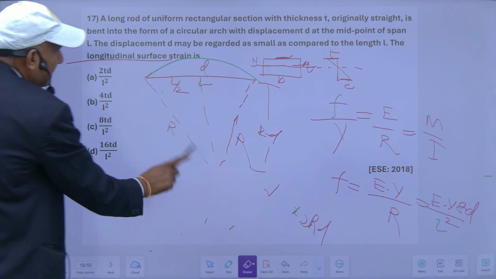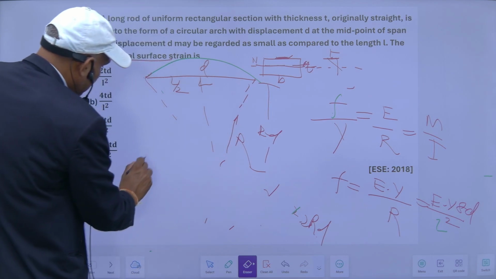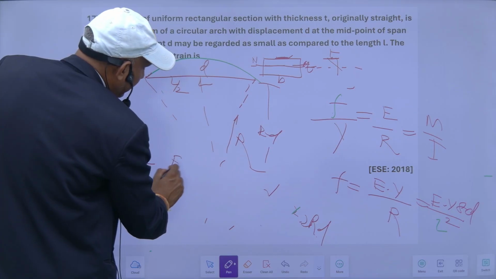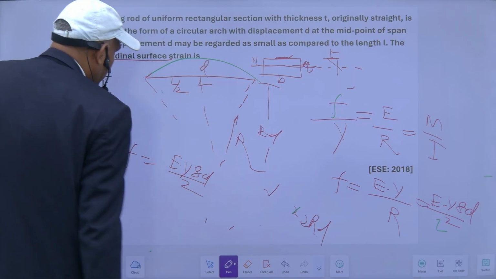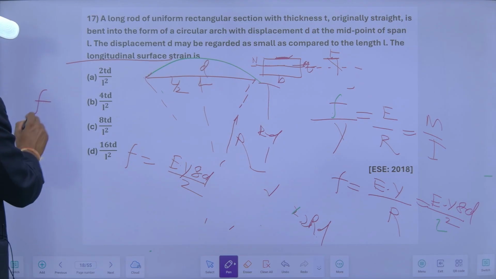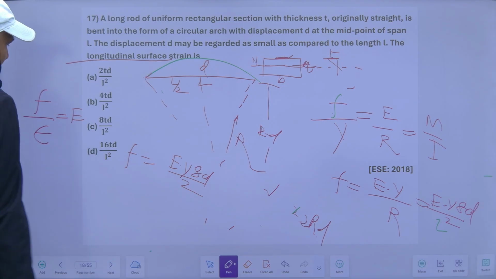So my stress is this one. Stress is E into Y into 8d by L square. So this is stress, and as we know, stress upon strain is equal to Young's modulus of elasticity.